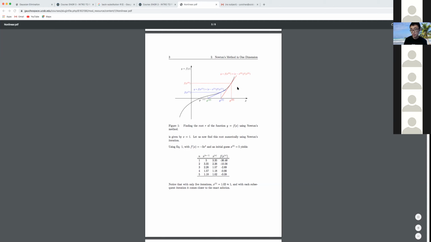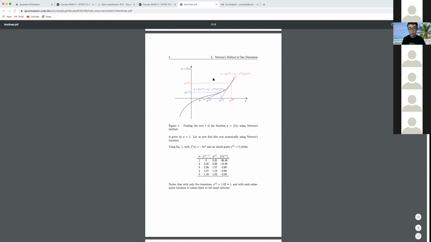Also, people do random initialization to reduce personal bias, and you can also try to learn the properties of the nonlinear system and draw something. For this example, any guess is okay.